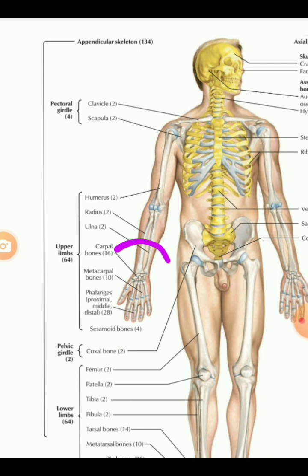Okay, so this is how your whole wrist is made up of 8 bones on the right and 8 on the left. So the total is 16 bones there. Then we are having the metacarpal bones, 5 on the right and 5 on the left. This is how its total is 10.